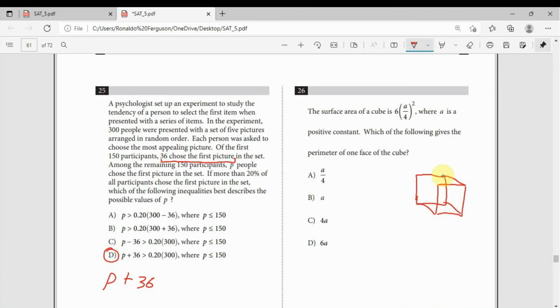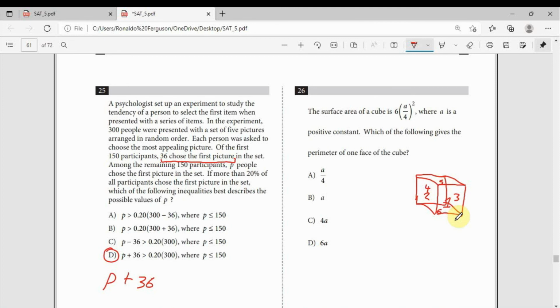I know my sketch is not perfect, but that's a cube. For a cube, notice that it has 6 faces. It has a front face, a side face, another side face, a back face, the top face, and a bottom face. So it has 6 faces, right?